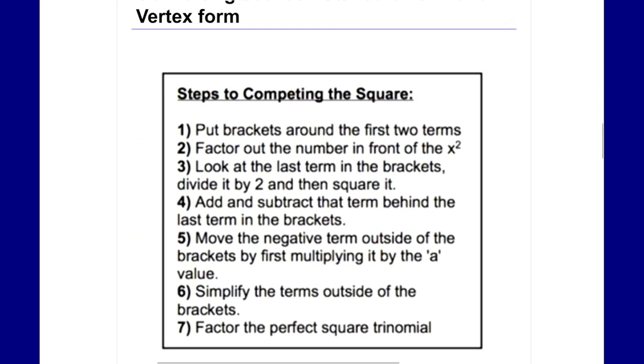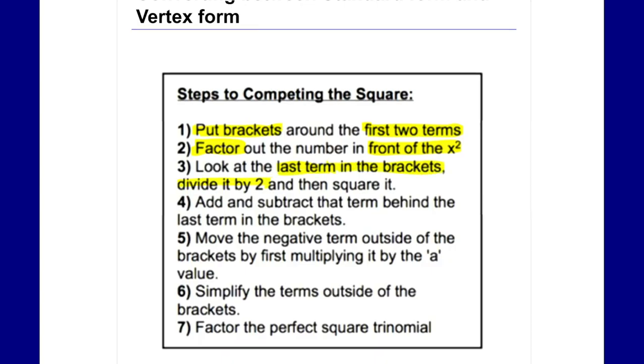The first thing we want to do is put brackets around the first two terms. We are then going to factor out the number in front of the x squared. So we're going to common factor the first two terms, and the value that we take out is going to be the value that's in front of the x squared. We're then going to look at the last term in the brackets.